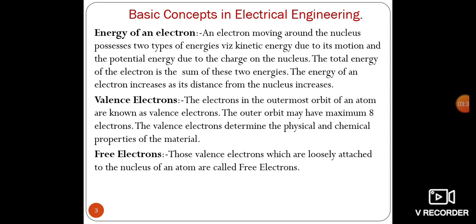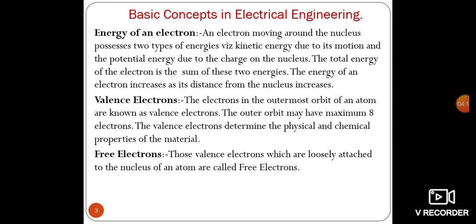So, the electrons in the outermost orbit are called valence electrons. Maximum 8 electrons can be there in the outermost orbit, or 8 valence electrons are possible. So, for any material, the physical and chemical properties depend upon the number of electrons in the outer orbits, or we can say that the valence electrons decide the physical and chemical properties of the material.